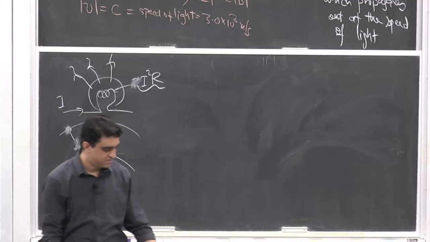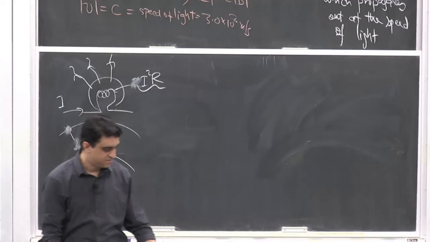So we say that this electromagnetic field is polarized along the z-axis.